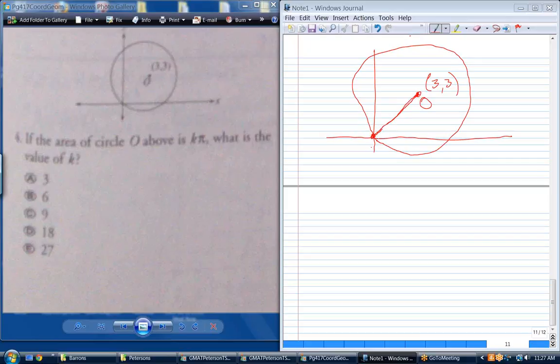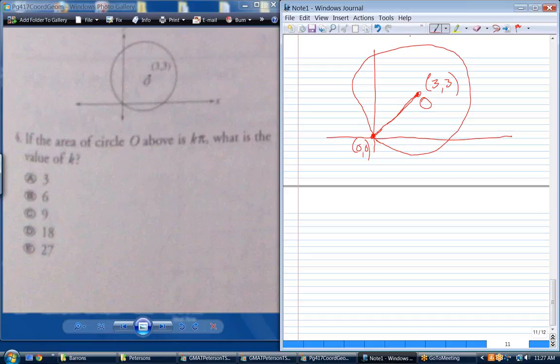Use the distance formula. We have two points, this is 0, 0. Then you have 3 minus 0, which is 3, and 0 minus 3, which is minus 3.